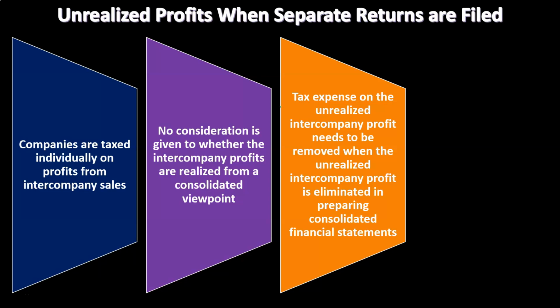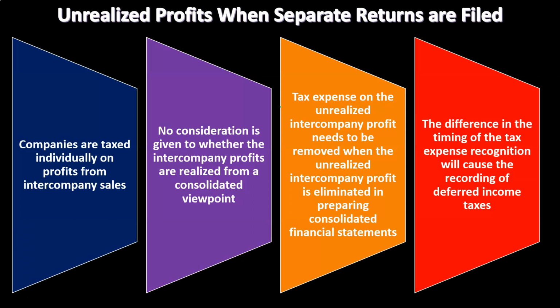When we do the reversals for the gross profit from the intercompany transfer of inventory, there's also going to be a tax expense related to that, which we have to reverse out as well. The difference in the timing and the tax expense recognition will cause the recording of deferred income taxes. So that's going to result in us having these deferred income taxes.